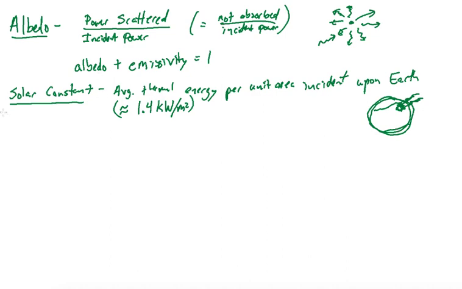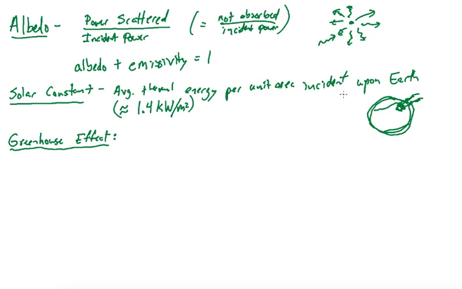And then we need to talk about how these things cause something known as the greenhouse effect, right? So the greenhouse effect is the warming of a planet due to its atmosphere.